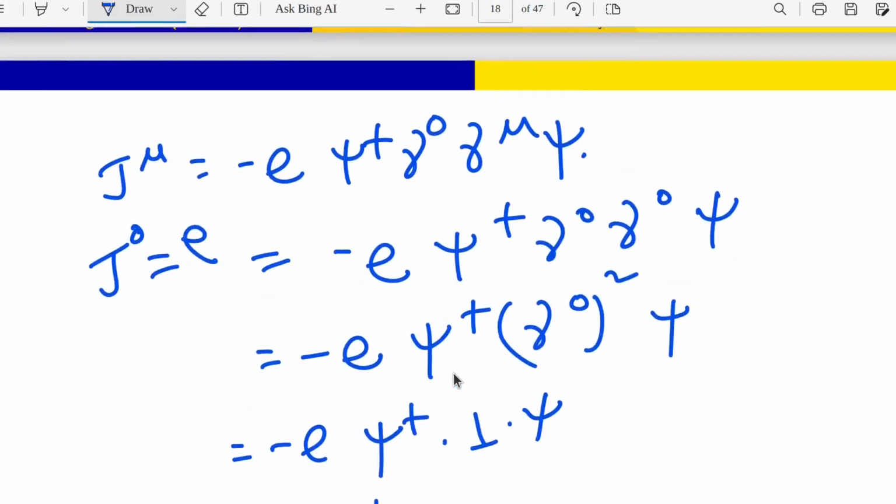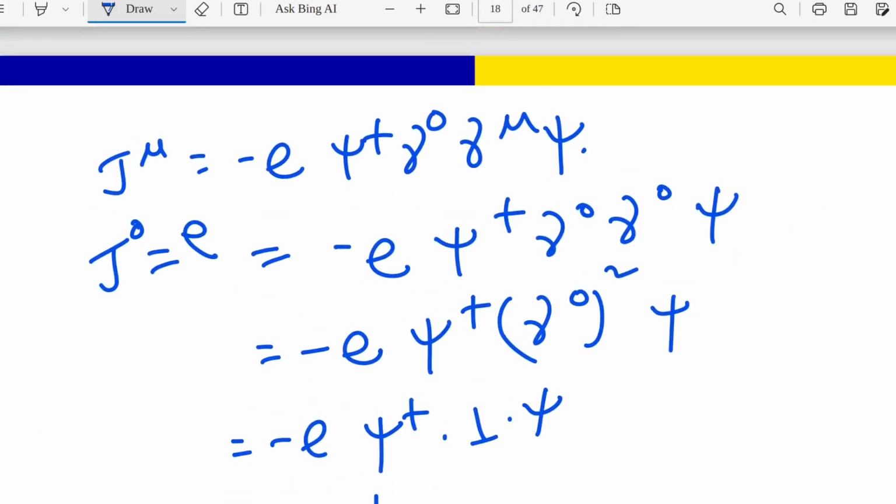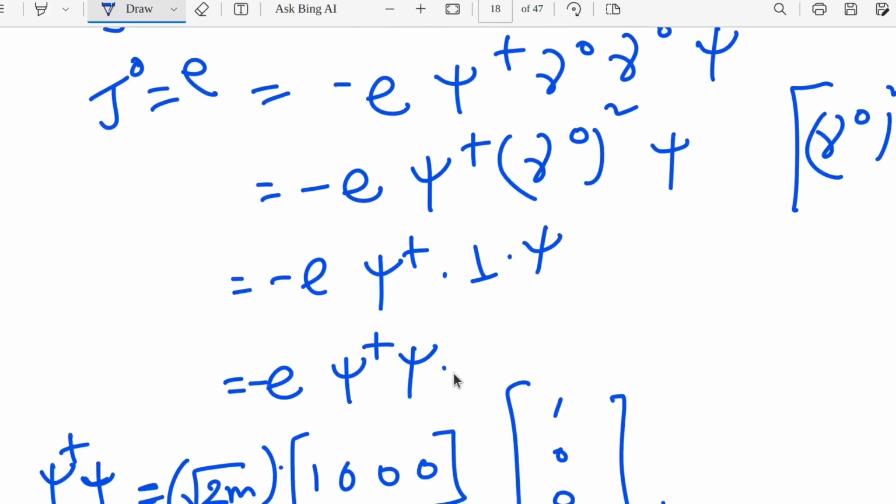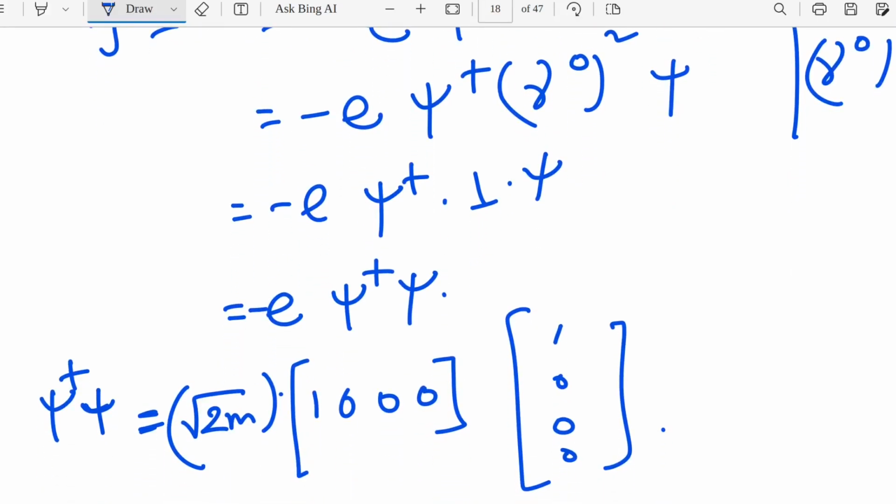Now for J0, which means ρ, in place of μ we put 0, so it is minus e psi dagger gamma 0 squared psi. We also know that gamma 0 squared equals 1, so it is minus e psi dagger psi.